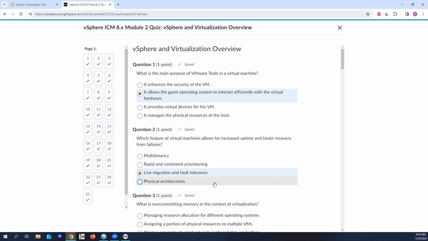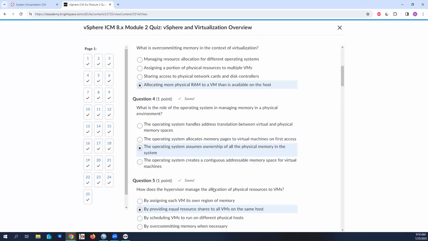I think the reason they marked that one as correct is because it specifically says supports 64-bit processors rather than limiting it to only 64-bit processors.